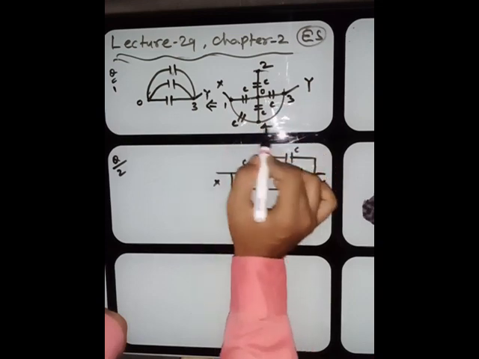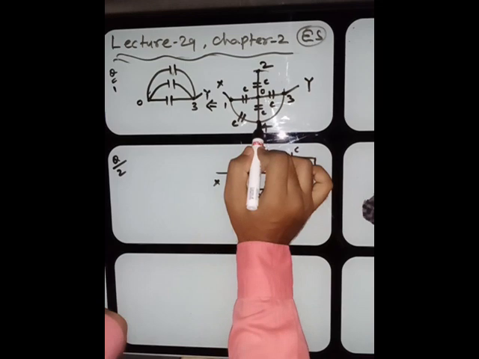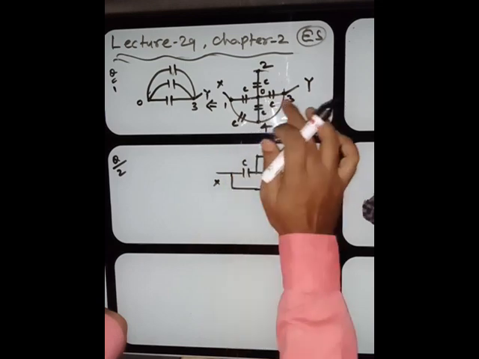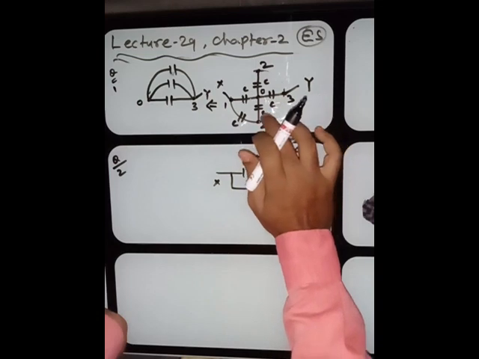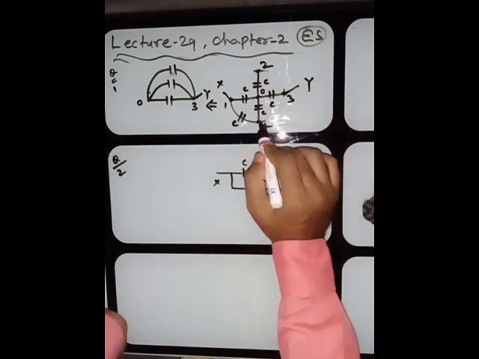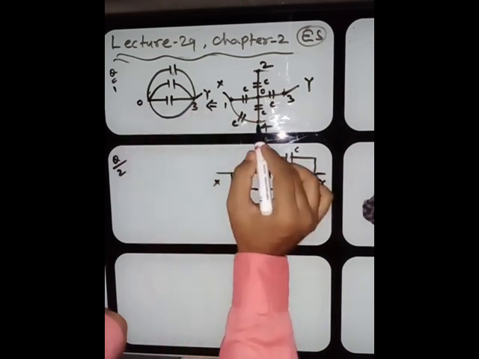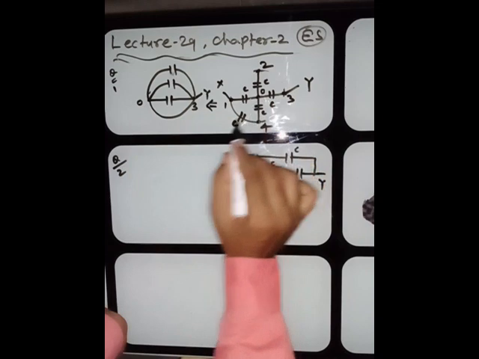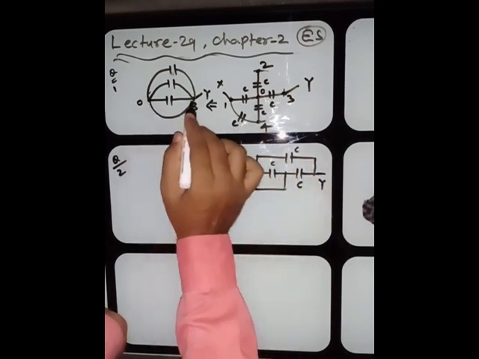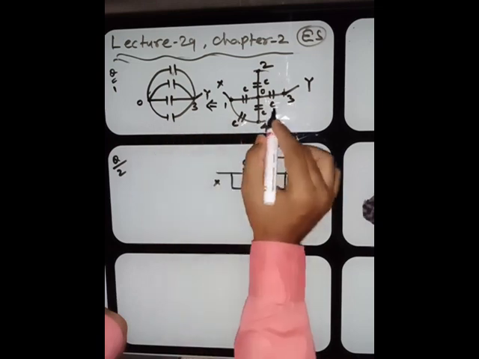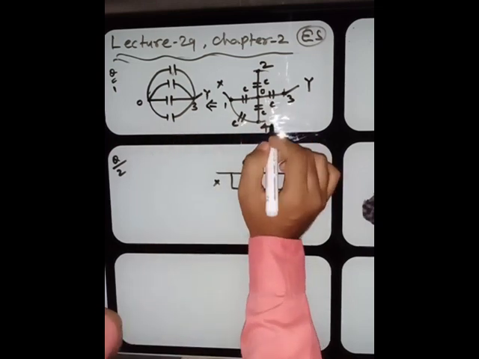But for 4, look here, between O and 4 there is a conductor, so you can just skip this conductor and connect this point 4 with 3. Point 4, which holds another end at O, has gone to point 3.